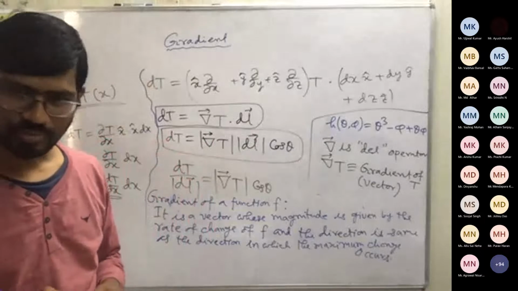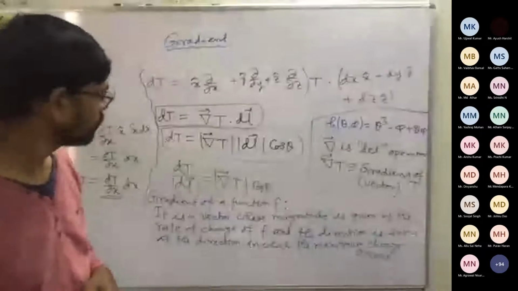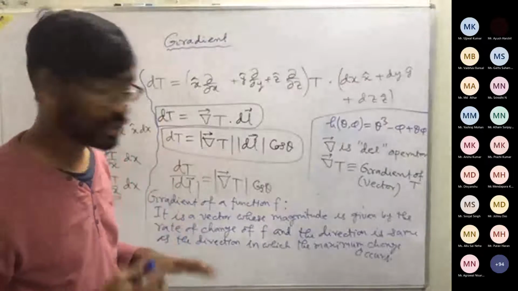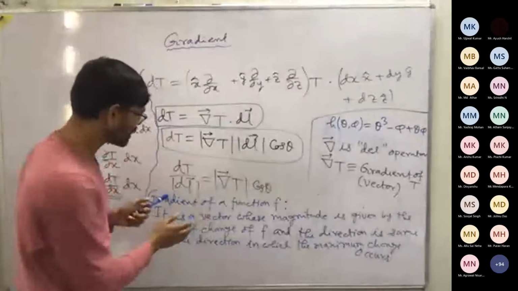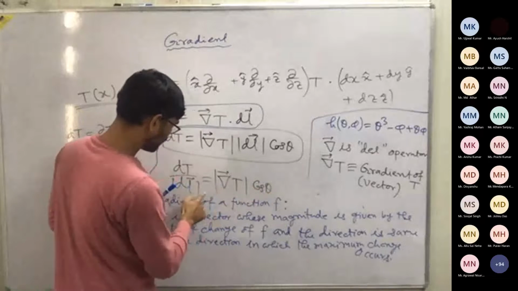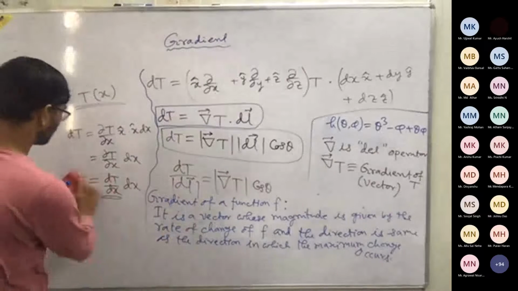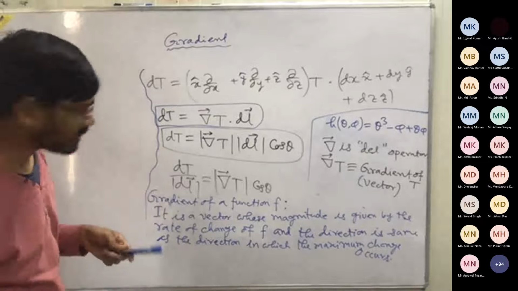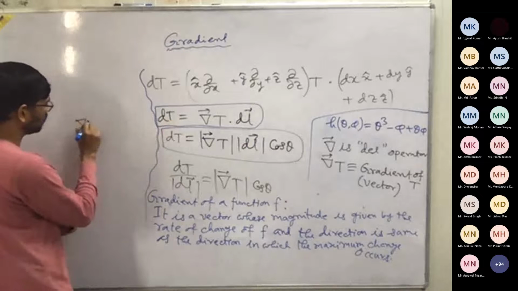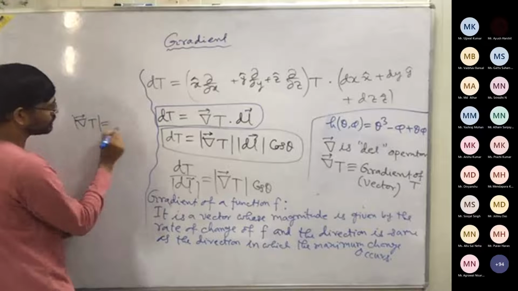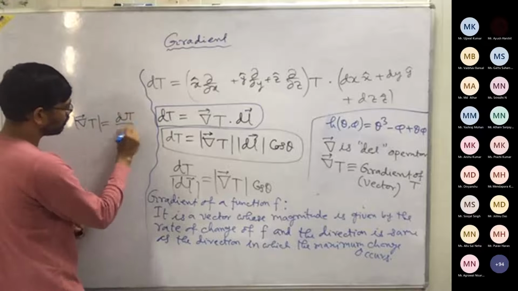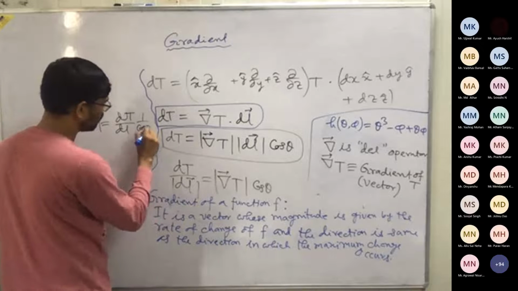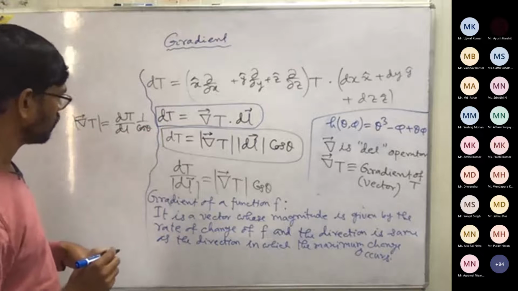So why did we look for the maximum there, sir? Cosine theta, we said. Good question. Otherwise, you can just keep it like this. What is the magnitude of this one? Magnitude is dT over dl and then 1 over cos theta.